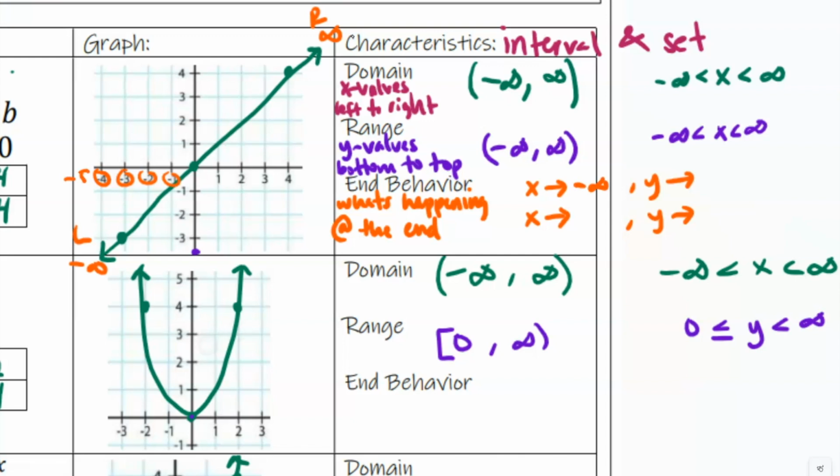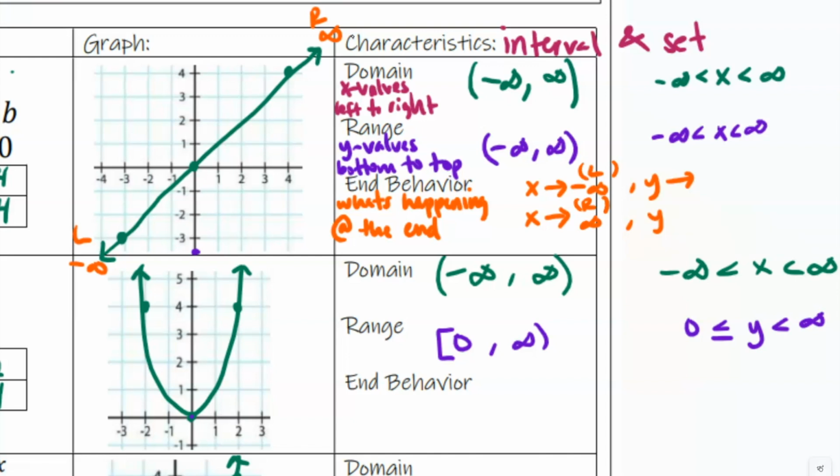So left is negative infinity. And right, look at the numbers 1, 2, 3, 4, 5, 6, 7, 8, 9, 10, 11, 12, 13. That is going to be positive infinity. So left is negative infinity, and right is positive infinity.